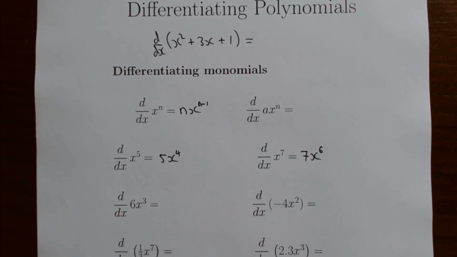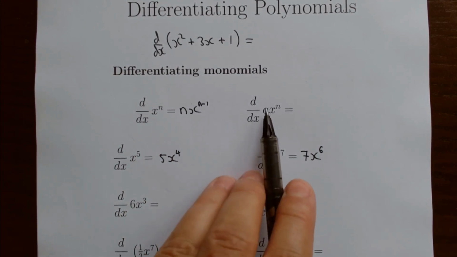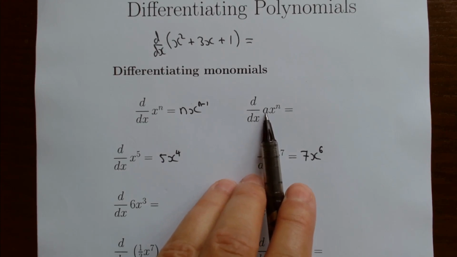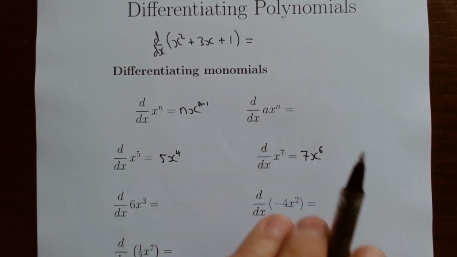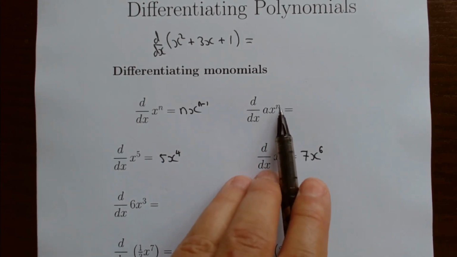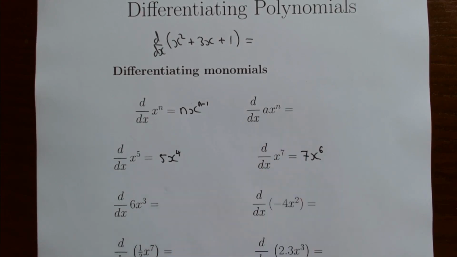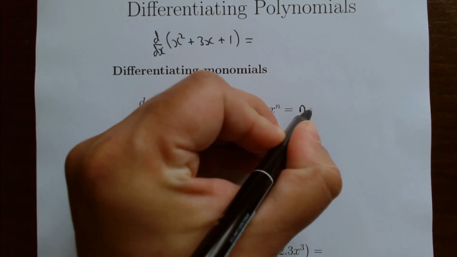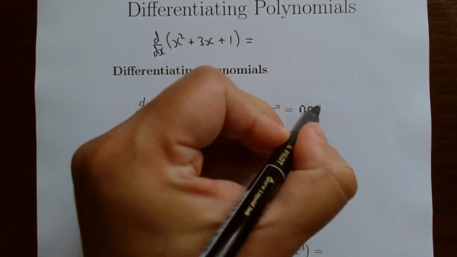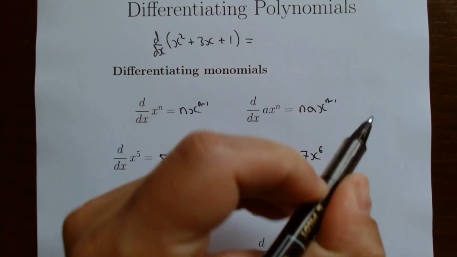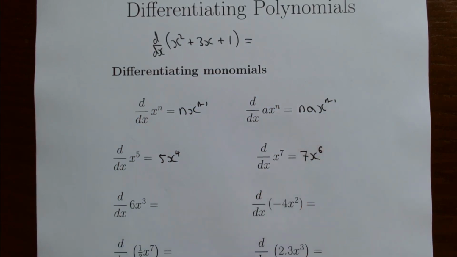That's the first examples. The next is that if there's a number in front of the term, all that happens is the n comes down and multiplies the a. So here we get na, and then you still minus 1 off the power, x to the n minus 1.